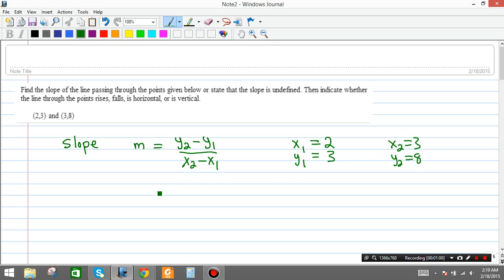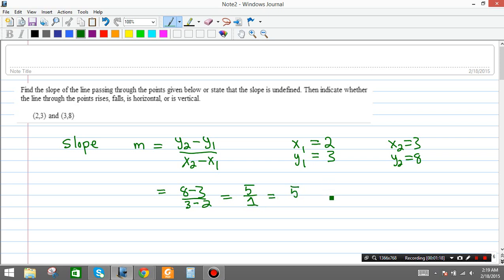So that this becomes 8 minus 3 over 3 minus 2. That is 5 over 1, which is equal to 5.